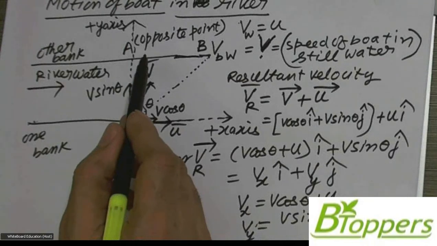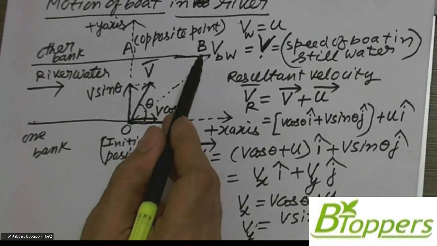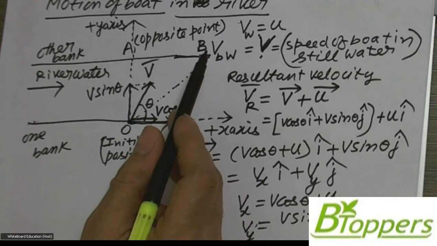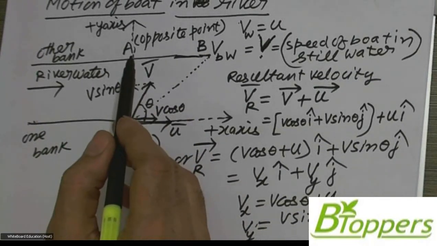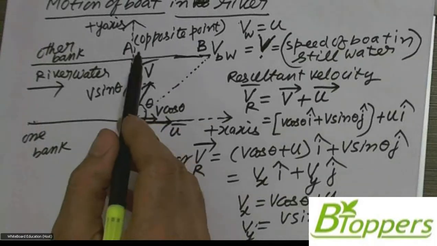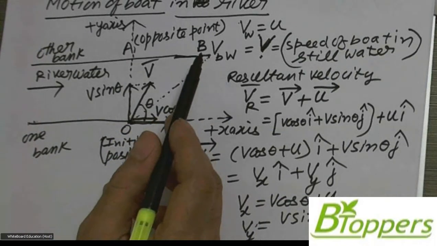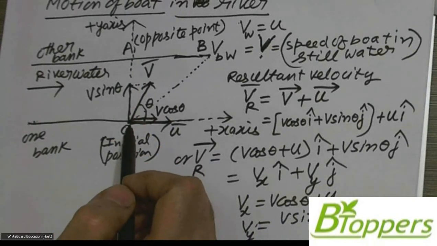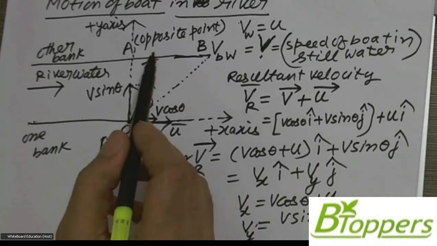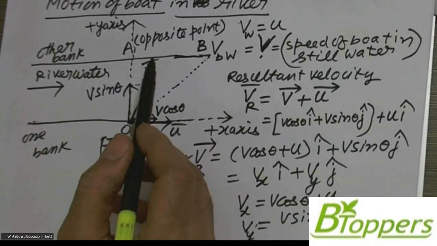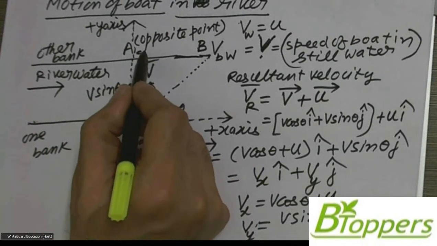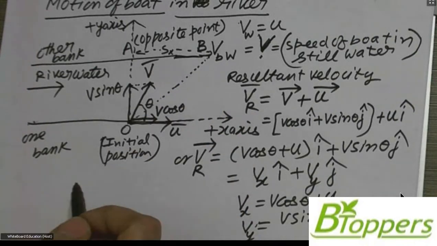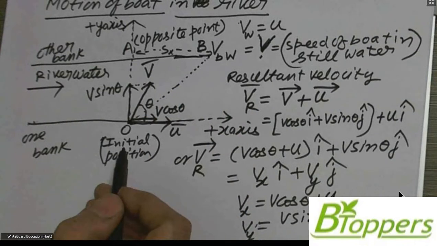The distance which the boat travels down the river on the other bank below this point A when it crosses the river, where A is the point on the other bank opposite to the initial position of the boat, the length of the line AB, is called drift. That represents the x component displacement.